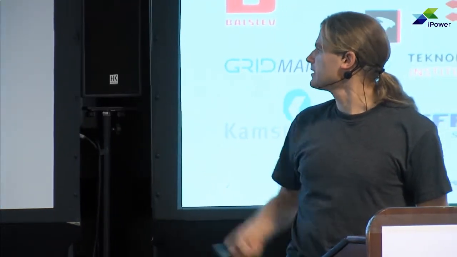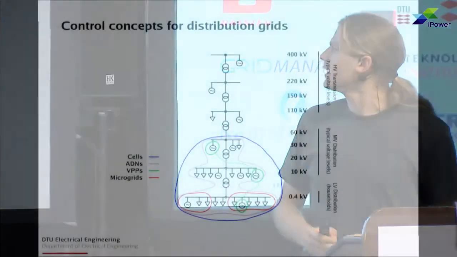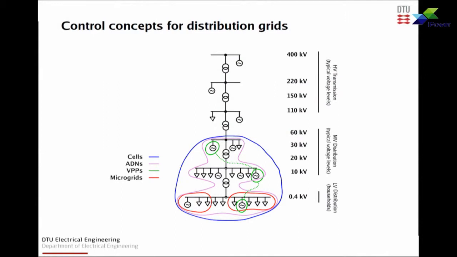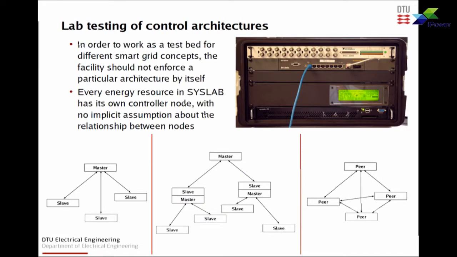There are a couple of concepts that have been developed for control in distribution grids in particular. You've heard of cells. You've heard of active distribution networks. Virtual power plants is a concept that has been explored quite a bit. Microgrids is also something. So we wanted a facility where we could try these different concepts.